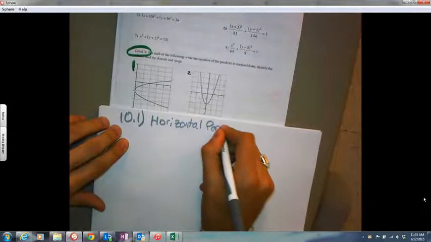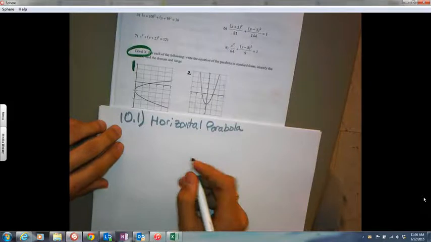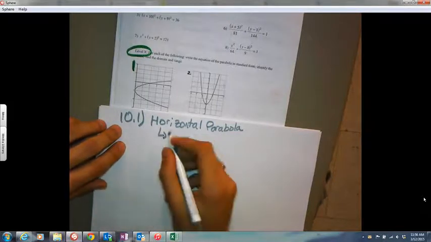So when I look at this, I'm automatically seeing it's a horizontal parabola. The equation for a horizontal parabola is x equals a(y minus k) squared plus h.